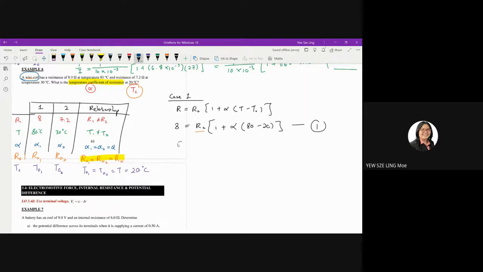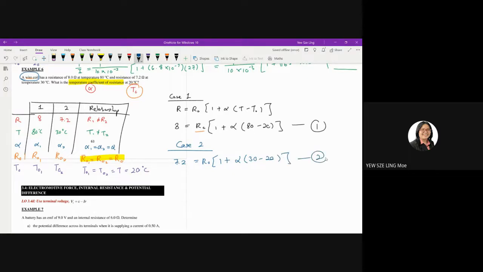Now let's look at case number 2. Case number 2, you can obtain another equation, where R final is 7.2 equals R naught, bracket 1 plus alpha, and then bracket, final temperature given 30 degrees minus 20.